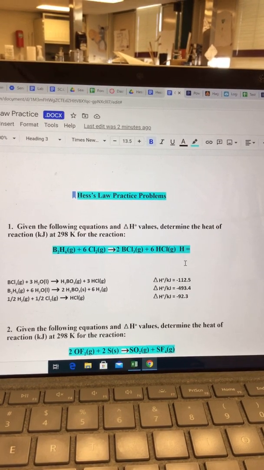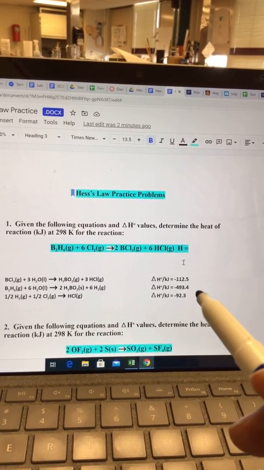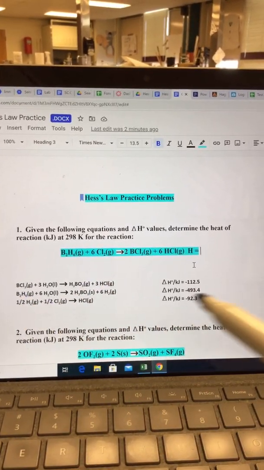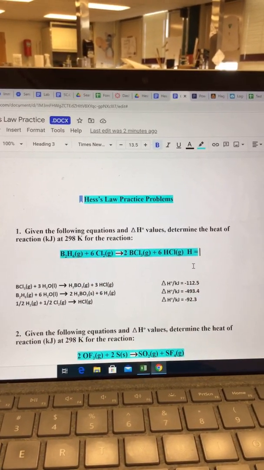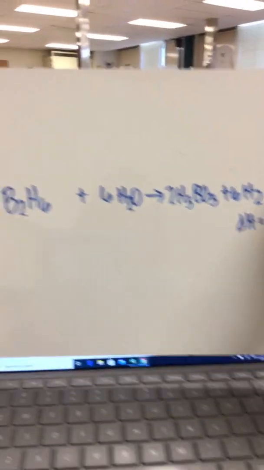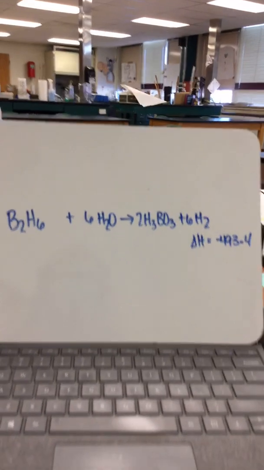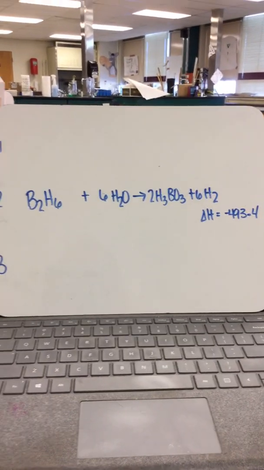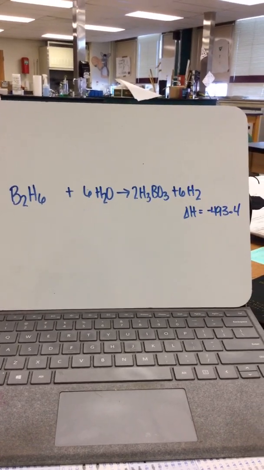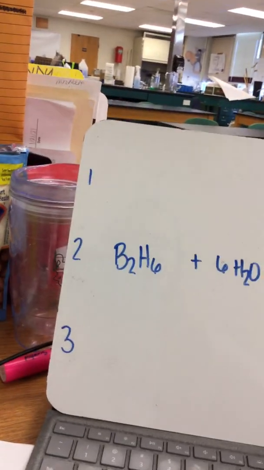That's my delta H in kilojoules, found right there. Because I didn't do anything to equation 2, I keep my enthalpy value as is. So what I did on my whiteboard, if you can see my whiteboard, is there. I wrote it out in my equation 2 spot. I left it as is, and I recorded my enthalpy value.